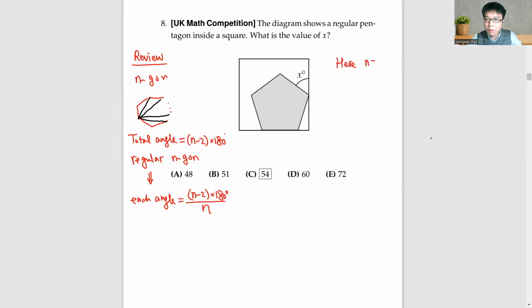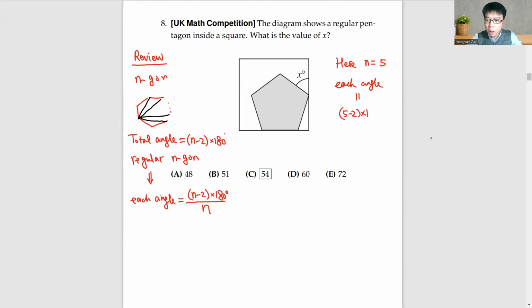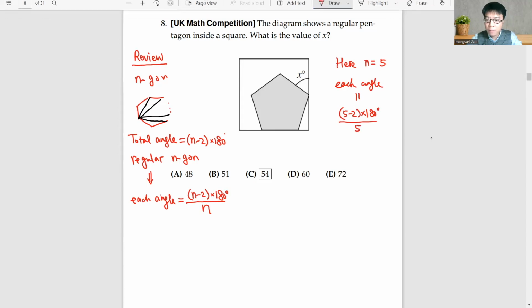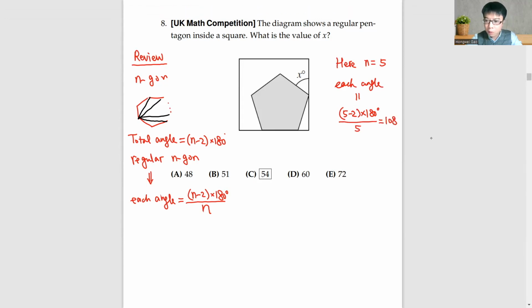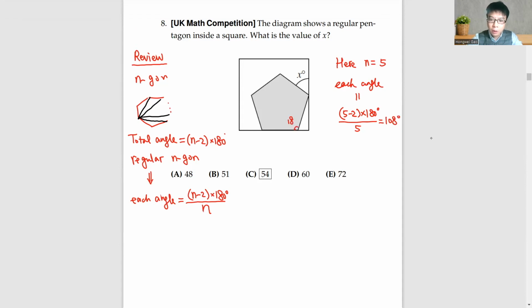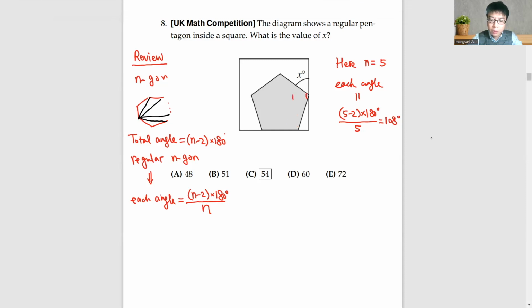Here n equals 5. So we can calculate each angle. Each angle equals 5 minus 2, that's 3, 3 times 180 is 540, and then divided by 5. We get an angle of 108. So each angle here is 108 degrees.